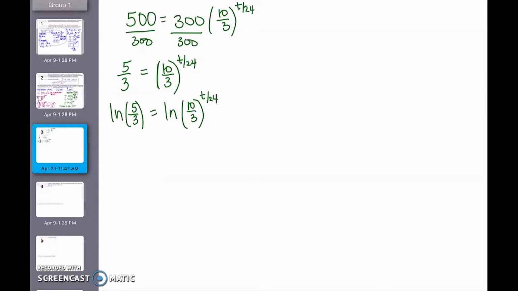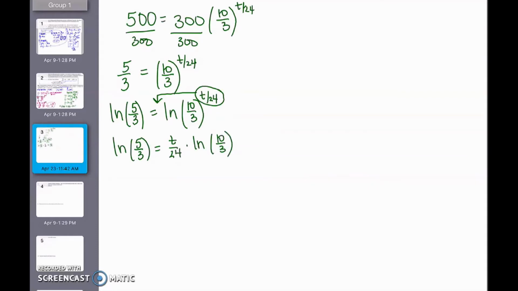And then once I've done that, I can use my properties of logarithms and bring that t over 24 in front of the log. So I have ln of 5/3 is equal to t over 24 times ln of 10/3.